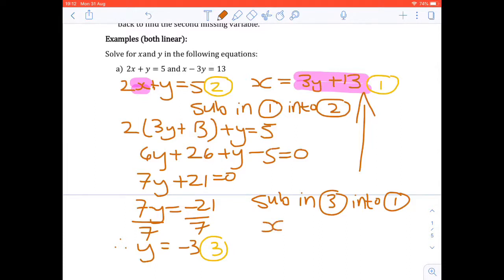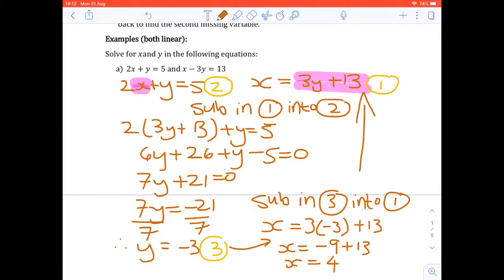So therefore x equals 3 times negative 3, the y value, plus 13. So x equals negative 9 plus 13, which equals 4. So now we have our two answers.